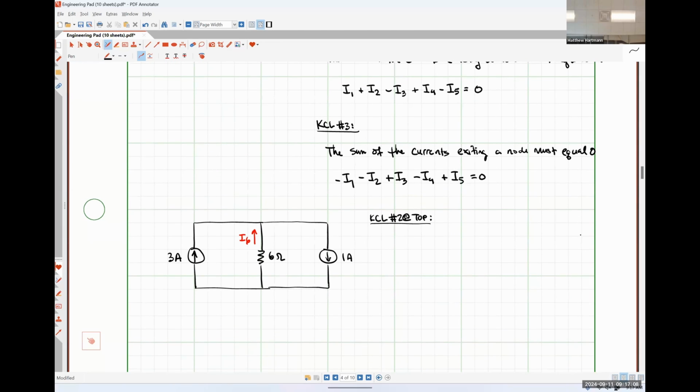So that means our 3 amp source, is it entering the top node or exiting the top node? It's entering, so it gets a positive sign. Is our current I6 entering the top node or exiting the top node? Entering, so it gets a positive sign. Is our 1 amp current entering the top node or exiting the top node? Exiting, so it's going to get a minus sign.